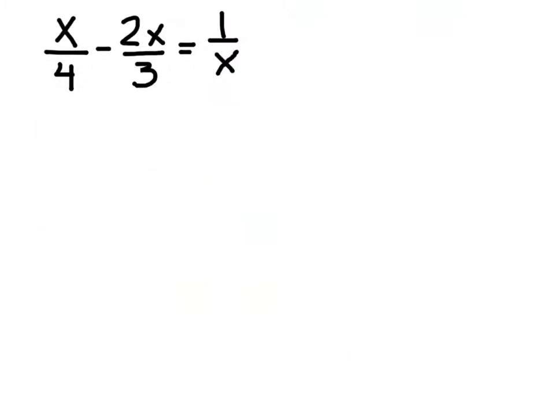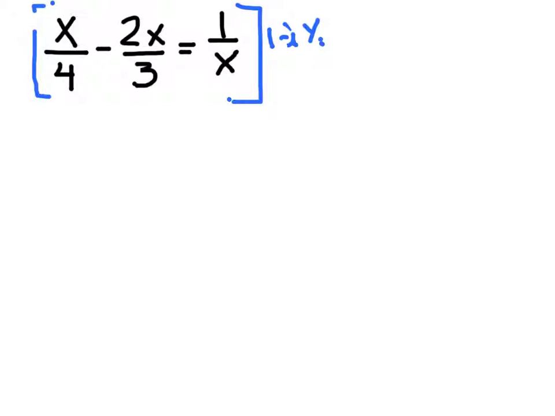In problems like these, you need to multiply everything by the common denominator. And what I saw a lot of you guys doing when you were working on the review is instead of multiplying by the common denominator, you got a common denominator.